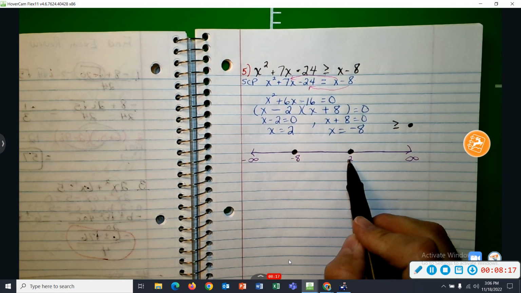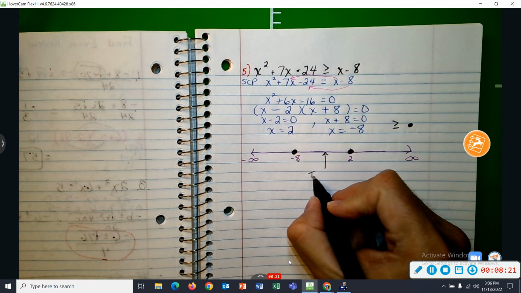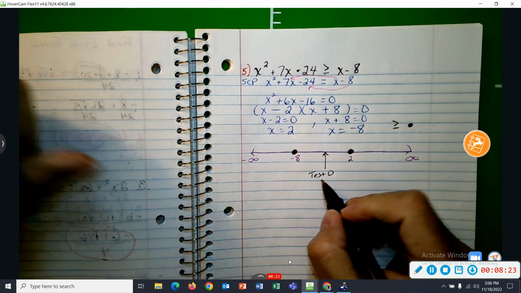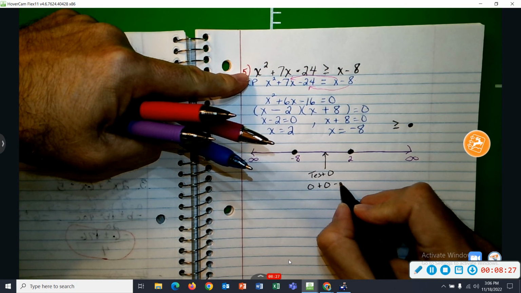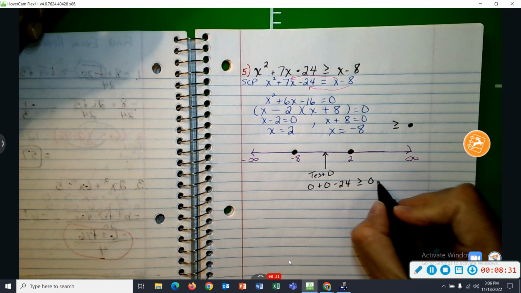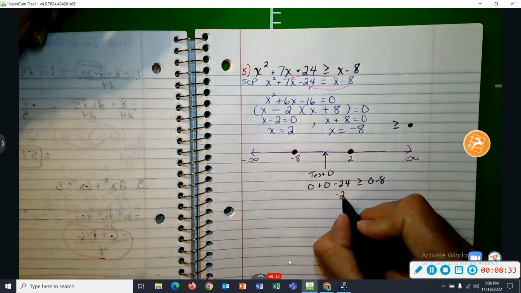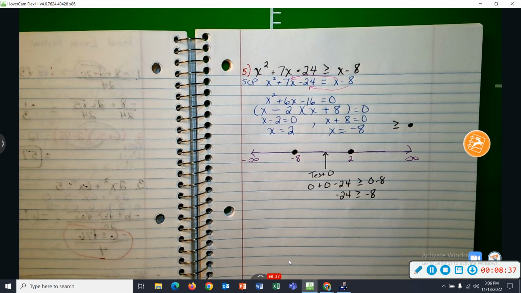0 lies between negative 8 and 2. So if I test 0, you'd have 0 squared plus 7 times 0 minus 24 is greater than or equal to 0 minus 8. So negative 24 is greater than or equal to negative 8.